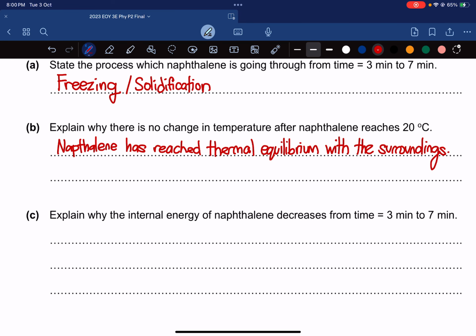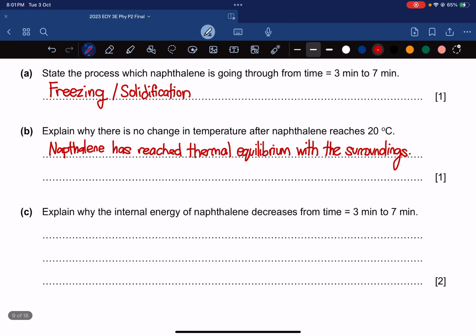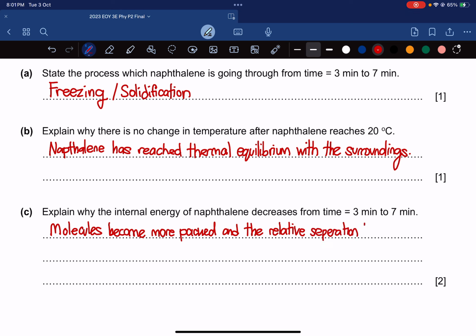During freezing, molecules become more packed, and the relative separation between particles decreases. This is a fact that we know about freezing. The separation between particles decreases.